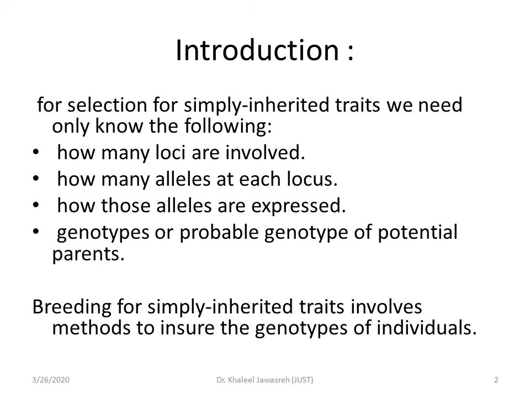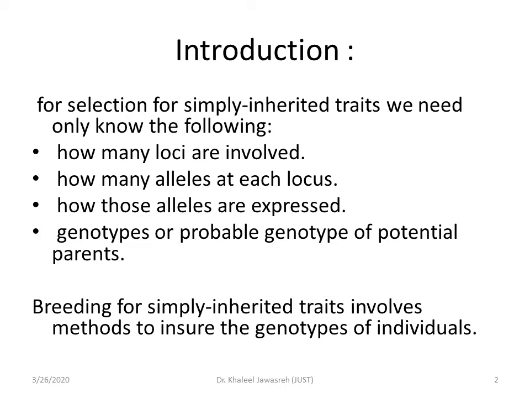So why do we need such information? In this case, we do need to select those animals that carry the favorable alleles or mutation. But in some cases, and in most cases, the mutations are of bad influence on the animals or on humans in general.